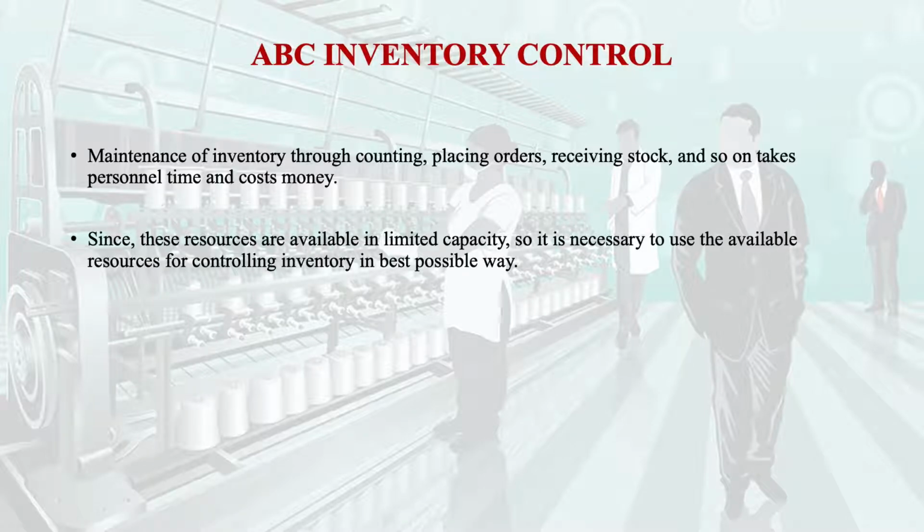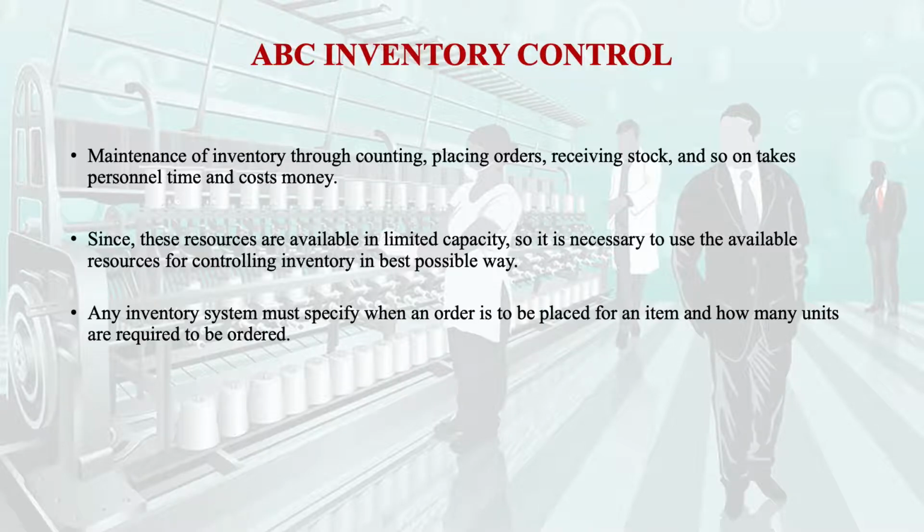Since these resources are available in limited quantity and limited capacity, it is necessary to use the available resources for controlling the inventory in the best possible way. Any inventory system must specify when an order is to be placed for an item and how many units are required to be ordered.